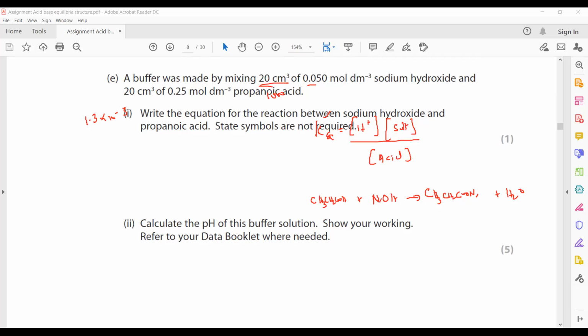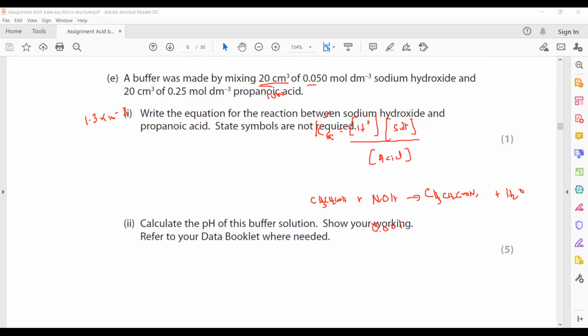How many moles of sodium hydroxide are there? 1 exponent minus 3 means 0.001. These are the moles of sodium hydroxide.